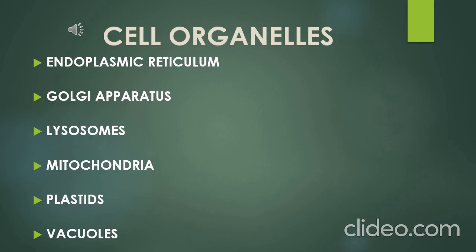One basic difference in prokaryotes and eukaryotes: in prokaryotes, these membrane-bound cell organelles are absent, but in eukaryotes, these membrane-bound cell organelles are present. In your chapter, we have to study the following cell organelles: endoplasmic reticulum, Golgi apparatus, lysosomes, mitochondria, plastids and vacuoles. A little bit of all you have studied in your 8th class also.